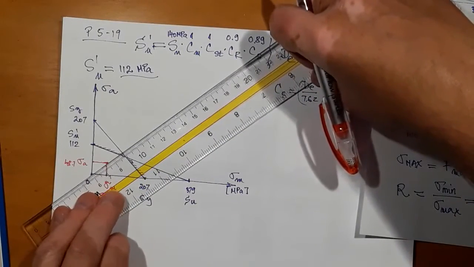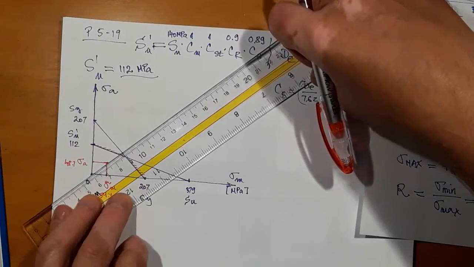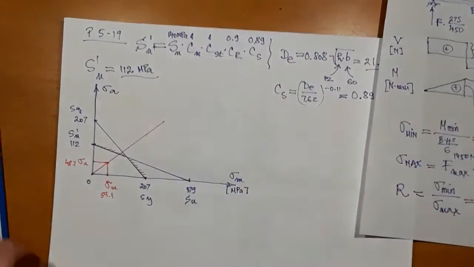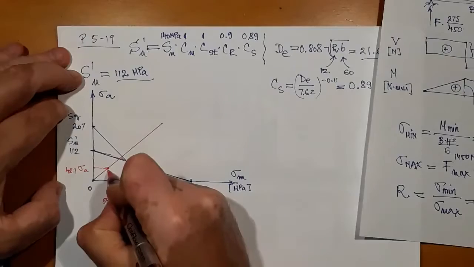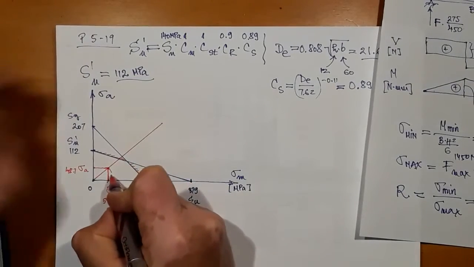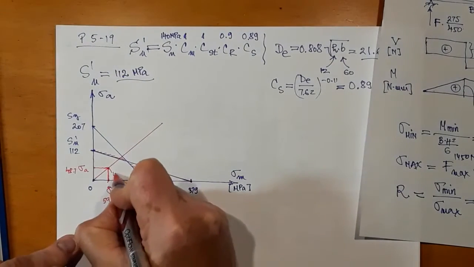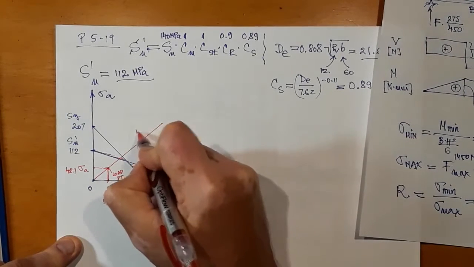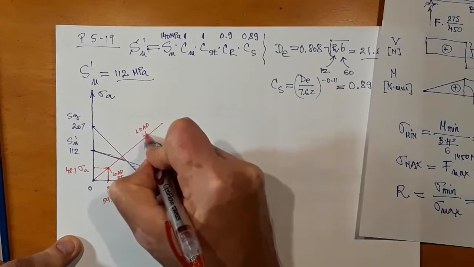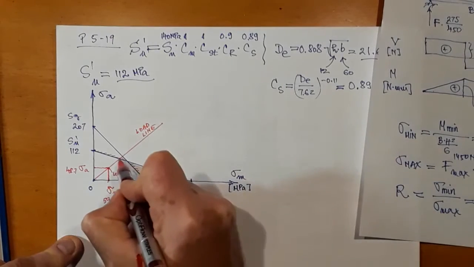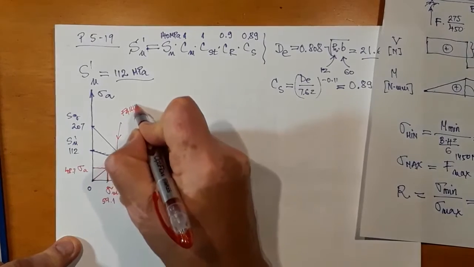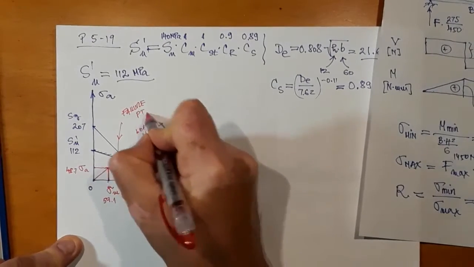And so we have the load point now with coordinates sigma m, sigma a. I'm connecting it with the origin. So this is the load line, and this will be the failure point.